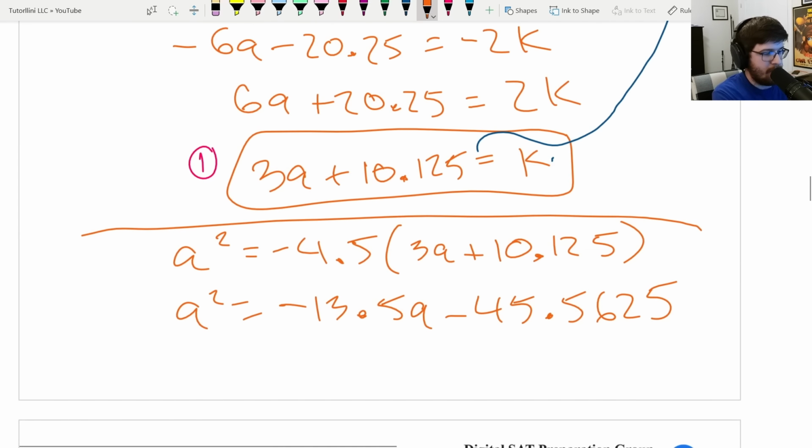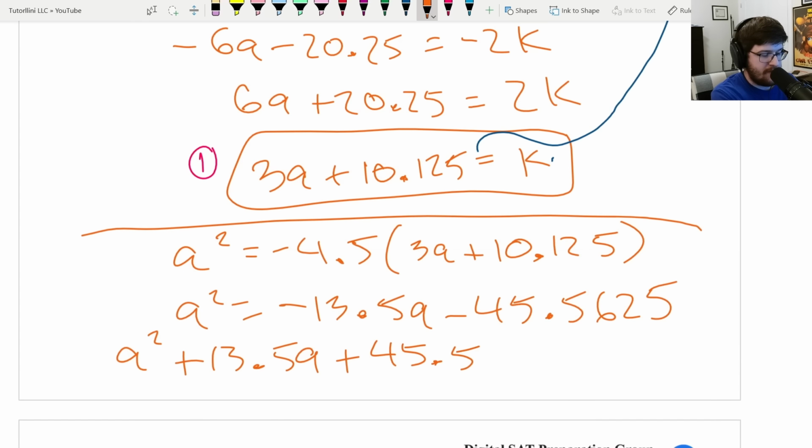And I get those all to one side, try to put it in standard form so I can maybe factor it. So I get a squared plus 13.5a, and then plus 45.5625, equal to 0. I just moved both those guys over to the other side.